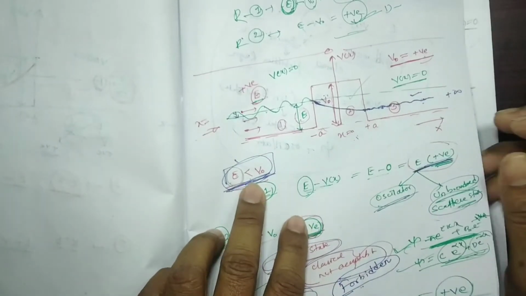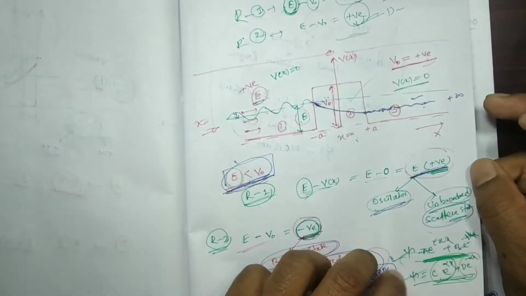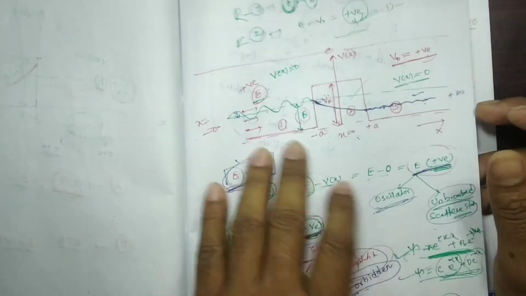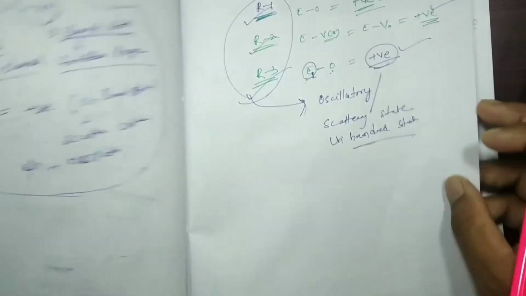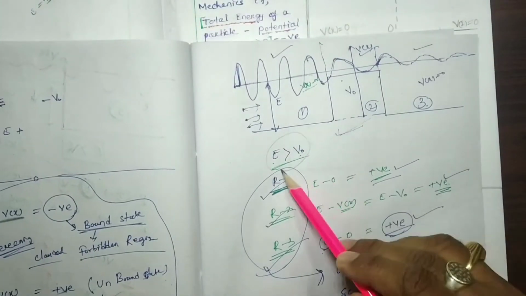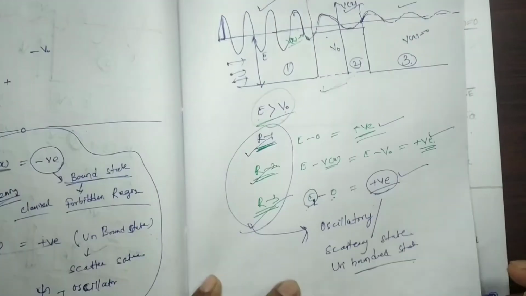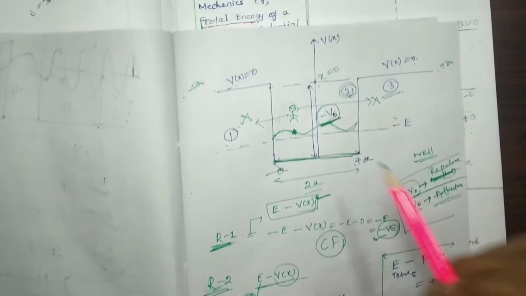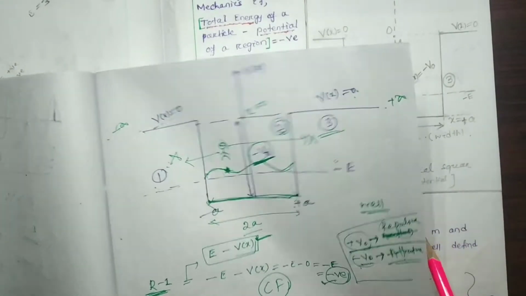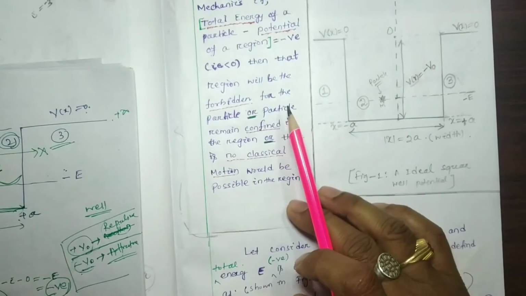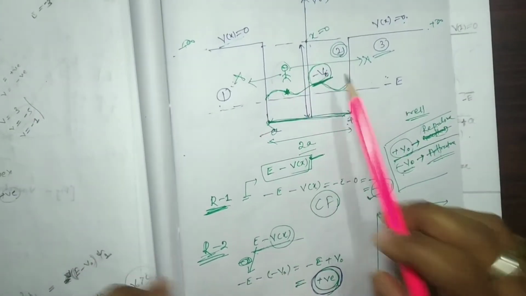If it is so, then which region will be the bound region for the particle, that we discussed for this case. And if E is greater than V0 for this rectangular potential barrier, we also discussed that in detail.